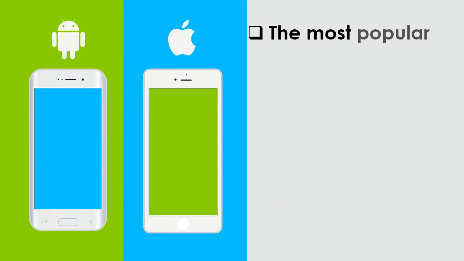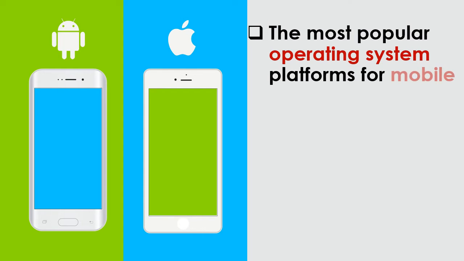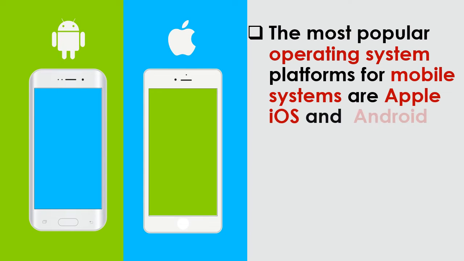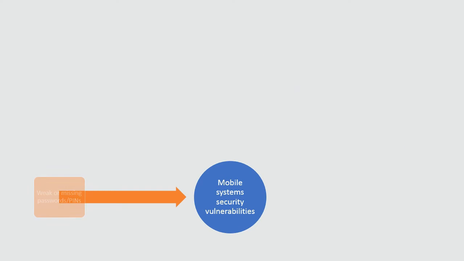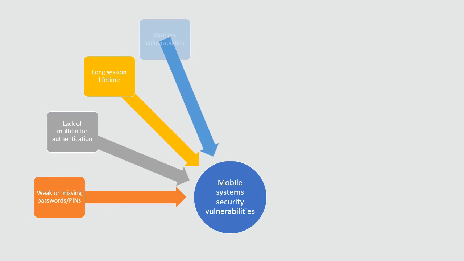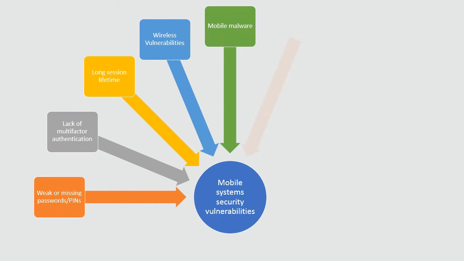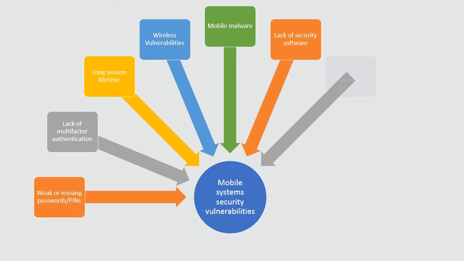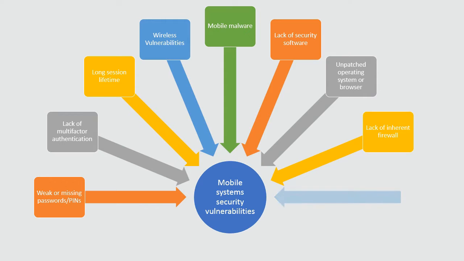The most popular operating system platforms for mobile systems are Apple iOS and Android. Mobile system security vulnerabilities are weak or missing passwords and PINs, lack of multi-factor authentication, long session lifetime, wireless vulnerabilities, mobile malware, lack of security software, unpatched operating system or browser, lack of inherent firewall, and insecure devices.